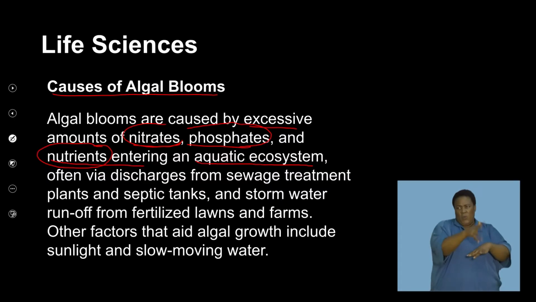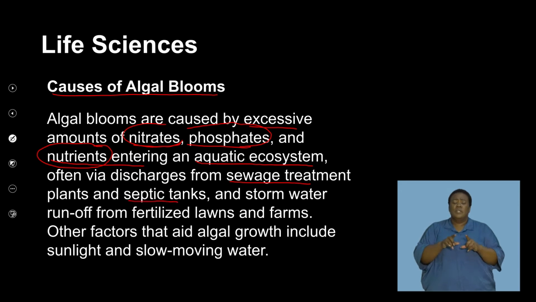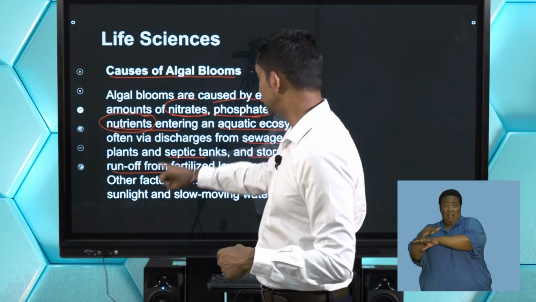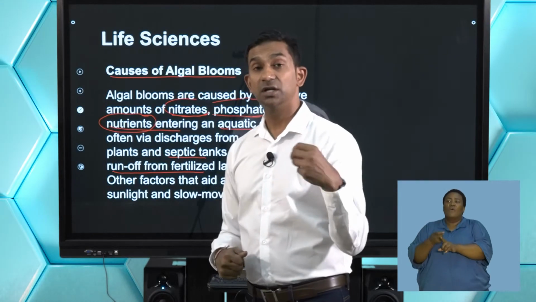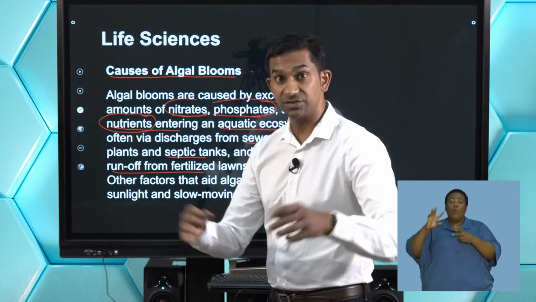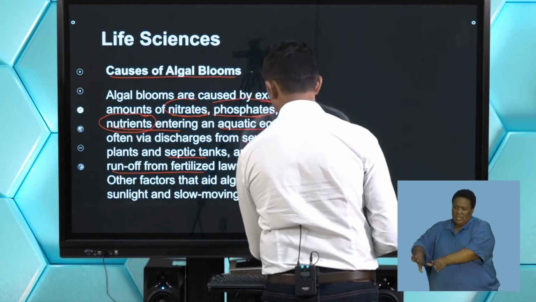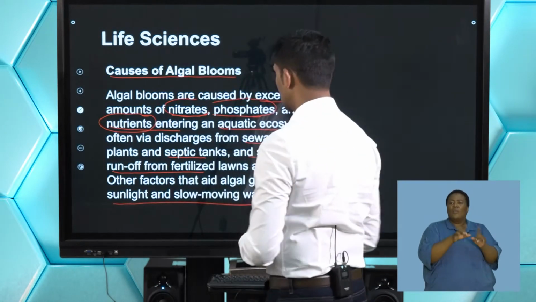And these often discharge from the sewage treatment plants as well as septic tanks, stormwater, runoff from fertilized lawns, and farms. So it's not just from agriculture, but as you can see, it's from even septic tanks, it's from stormwater drains that run off into these river bodies or these lakes. Other factors that aid algal growth include sunlight and slow moving water.